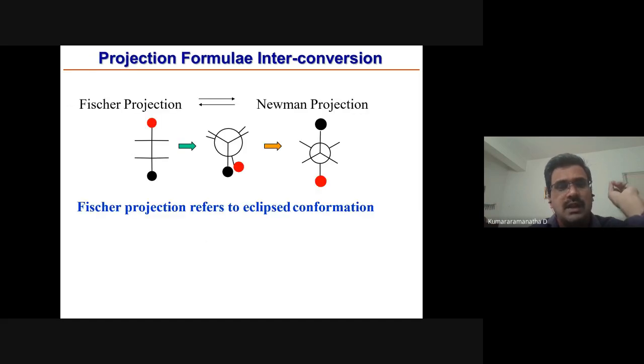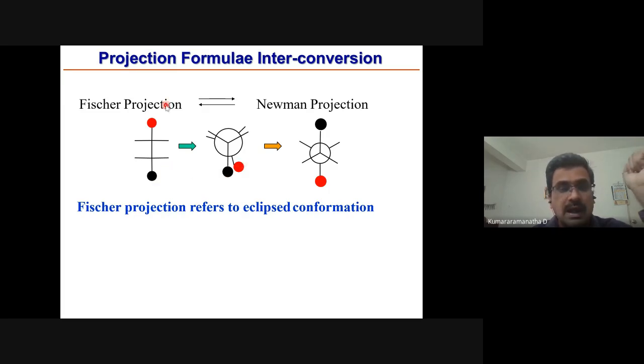Now, this is what we discussed yesterday. This is the total outcome of what we have discussed: Fischer projection to Newman projection. So this is the Fischer projection, and you can make an eclipsed kind of conformation. Vertical lines represent the things which are facing away from you.